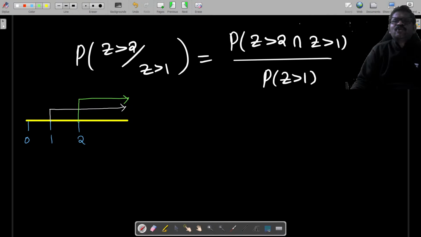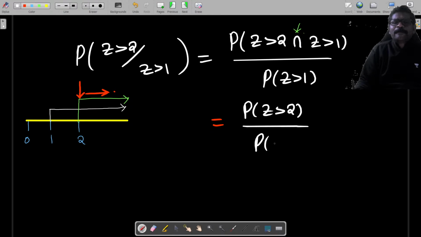Z greater than 2 intersection Z greater than 1 means which part is common? Common to both Z greater than 2 and Z greater than 1. So from here onwards it is common. That's why I am writing the probability of Z greater than 2 by the probability of Z greater than 1.